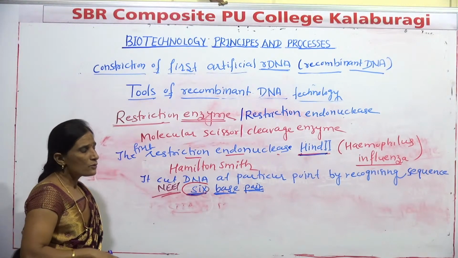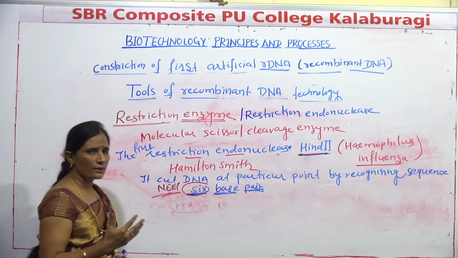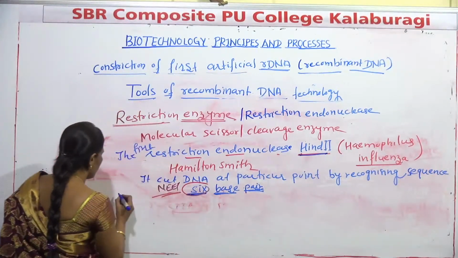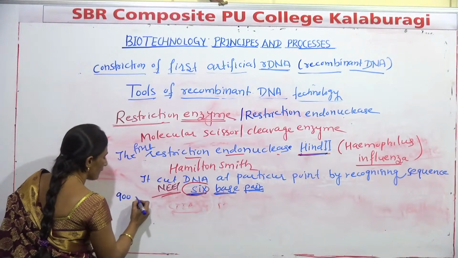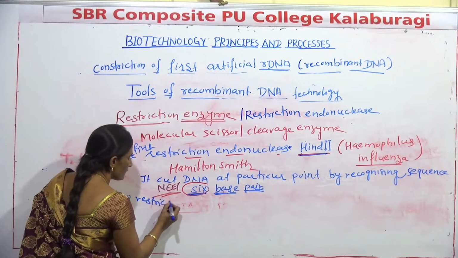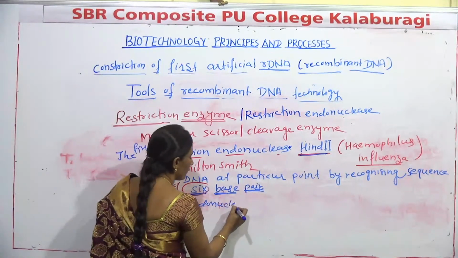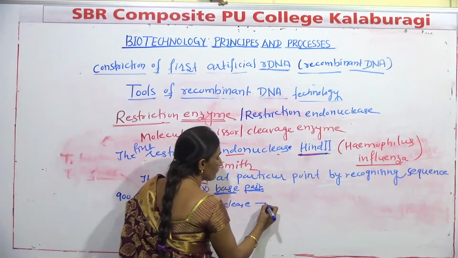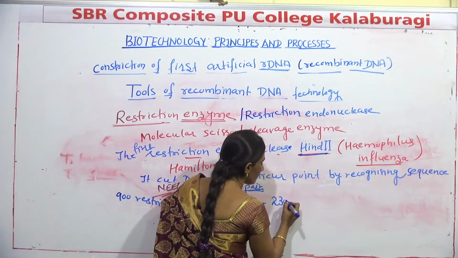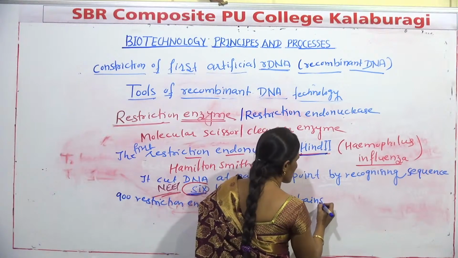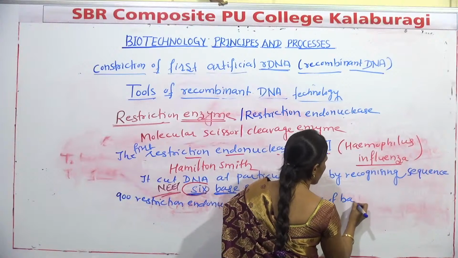Is it clear? After that, many more restriction endonucleases were discovered. Today there are 900 restriction endonucleases, which are obtained from 230 strains of bacteria.